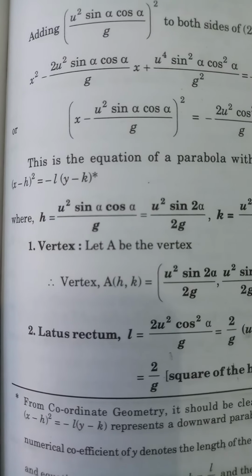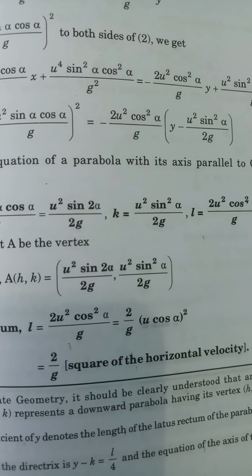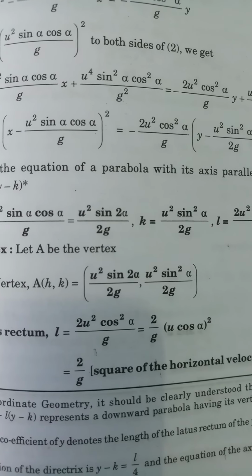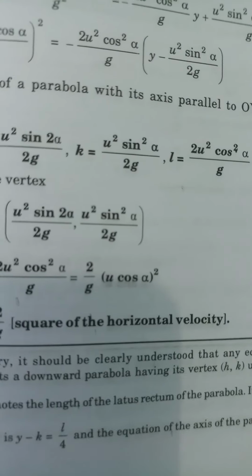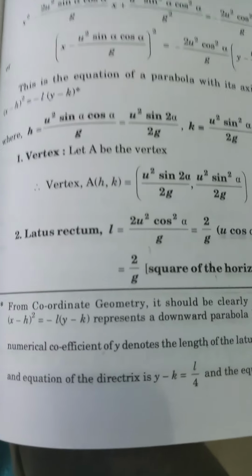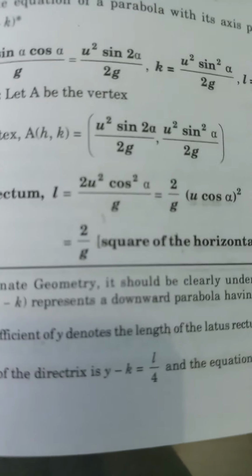And what is the latus rectum? L equal to 2u square cos square alpha by g, which is 2 by g taken separately into u cos alpha whole square, equal to 2 by g times the square of the horizontal velocity. From coordinate geometry we have explained how it is a parabola.